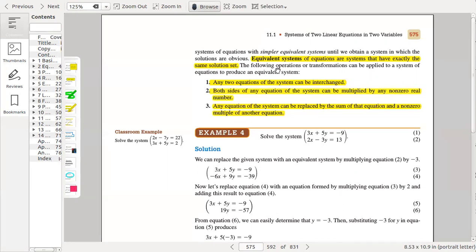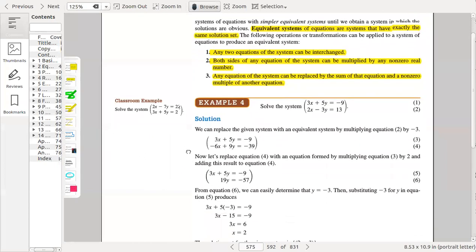Okay. So the following operations or transformations can be applied to a system of equations to produce an equivalent system. To produce an equivalent system, we can perform any of these three steps, or we can perform all of them.